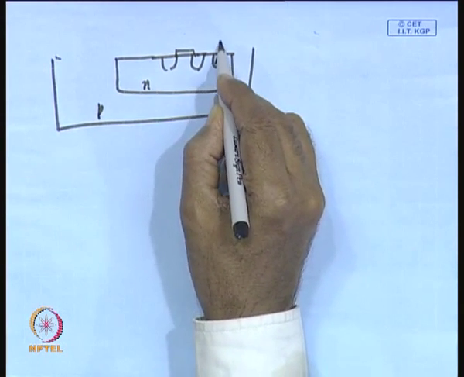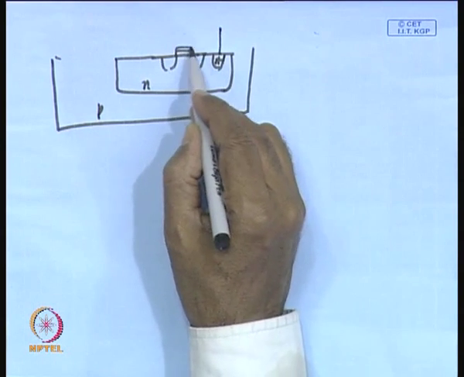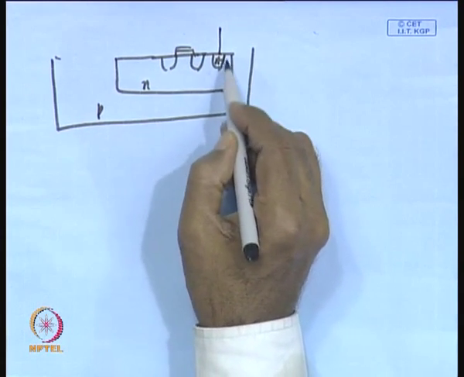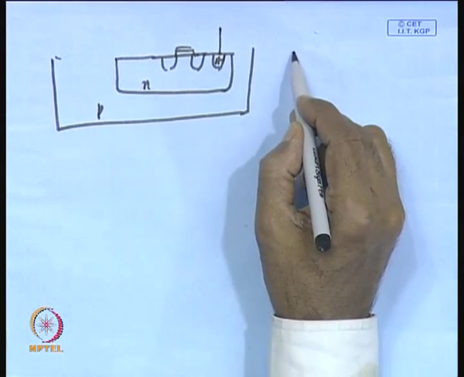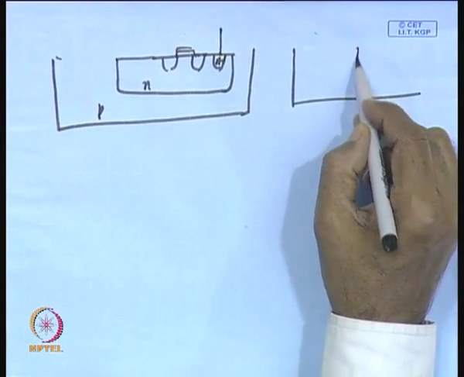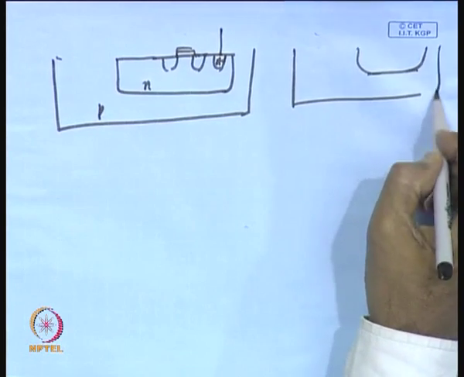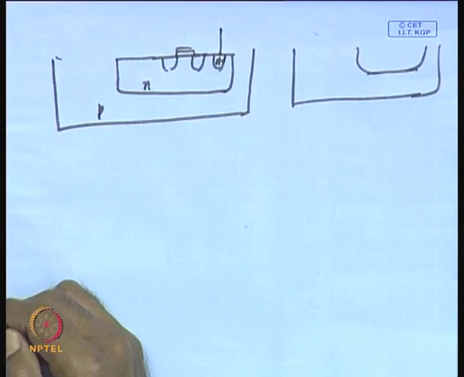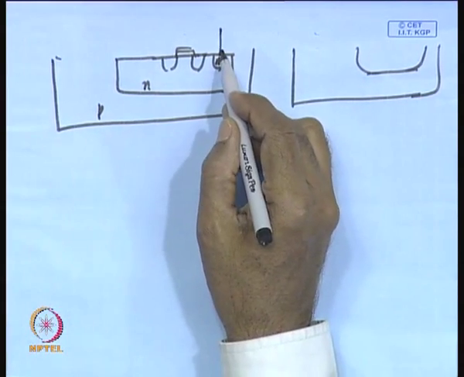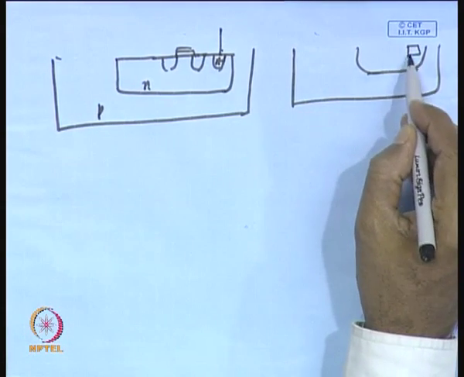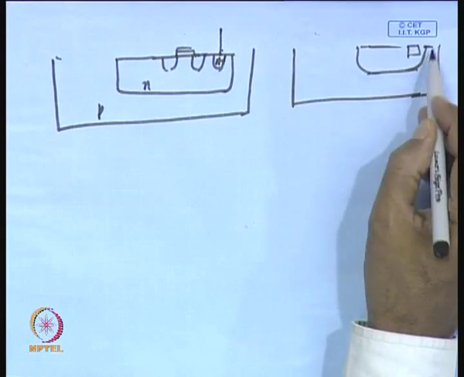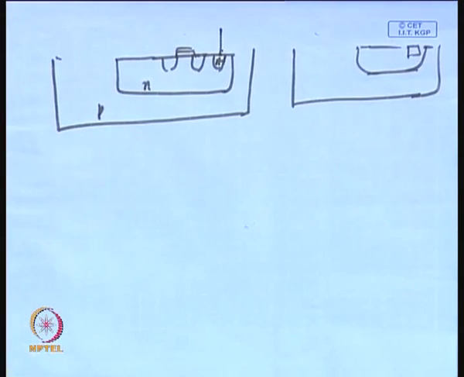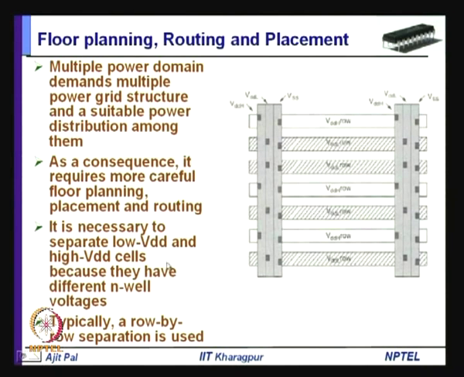This has to be connected to different voltages. So, this well has to be separated from the voltage domain of another well, and a separation is necessary whenever you are using multiple voltage domains, because this well has to be connected to one voltage, this well has to be connected to another voltage and so on. So, this separation is necessary in multiple voltage domains.